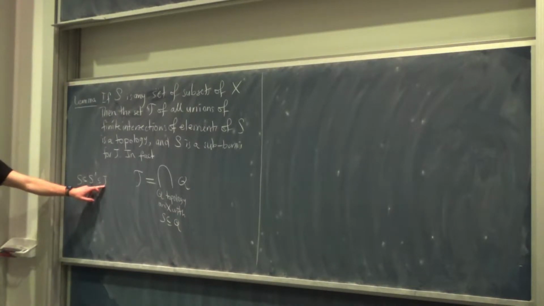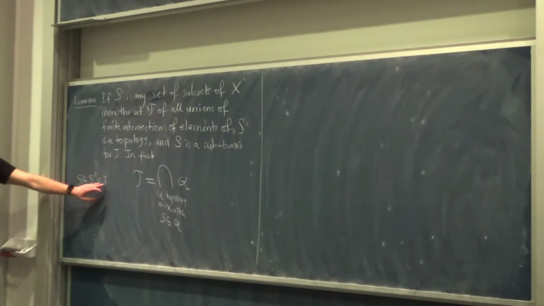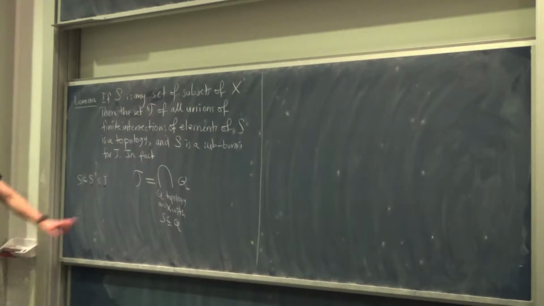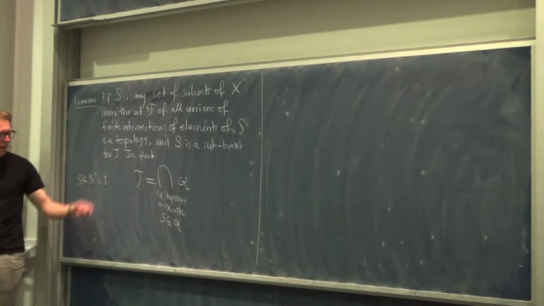Okay, so that's a topology. So you need to check that it's closed under finite intersections and arbitrary unions. Arbitrary unions, that's by definition. Finite intersections, that's a little check. And, well, let's convince ourselves of the inclusion that way.